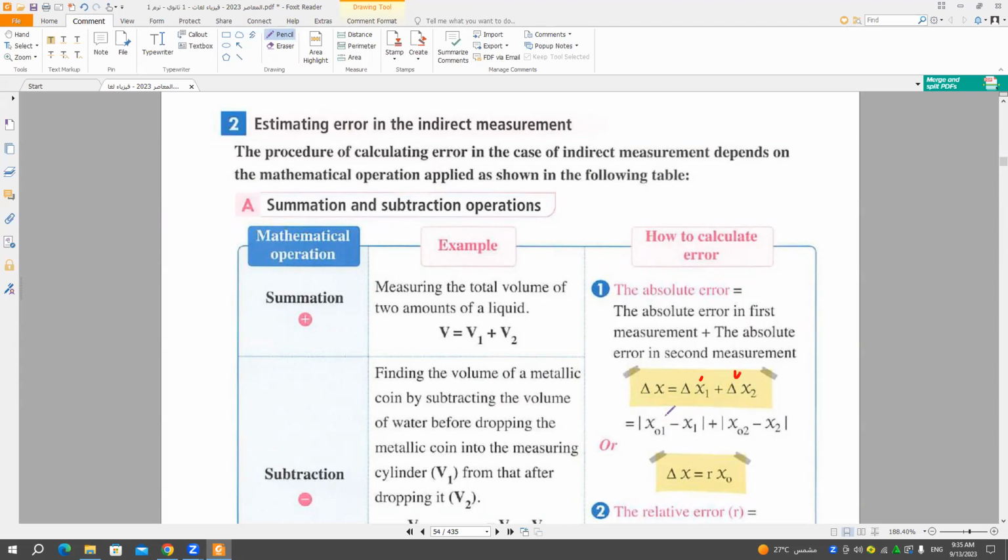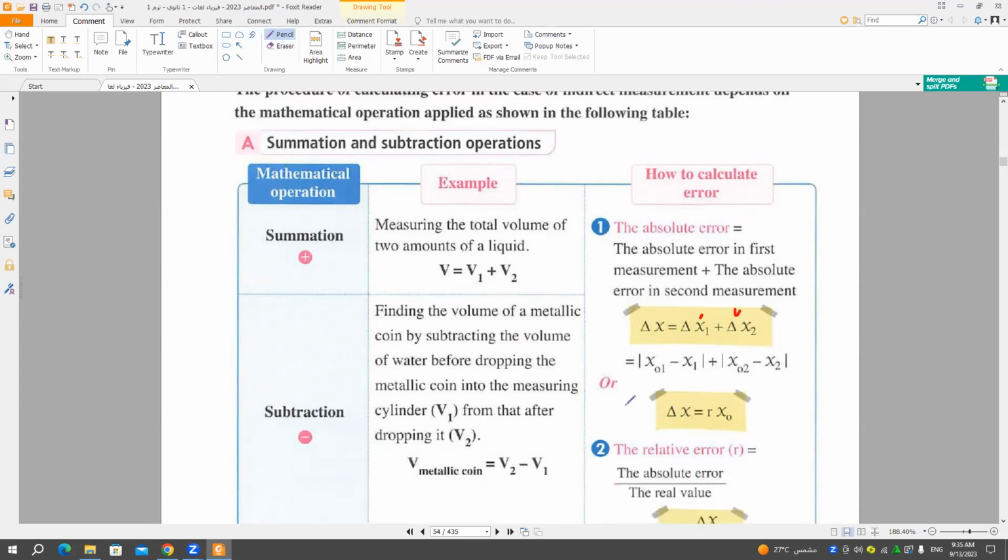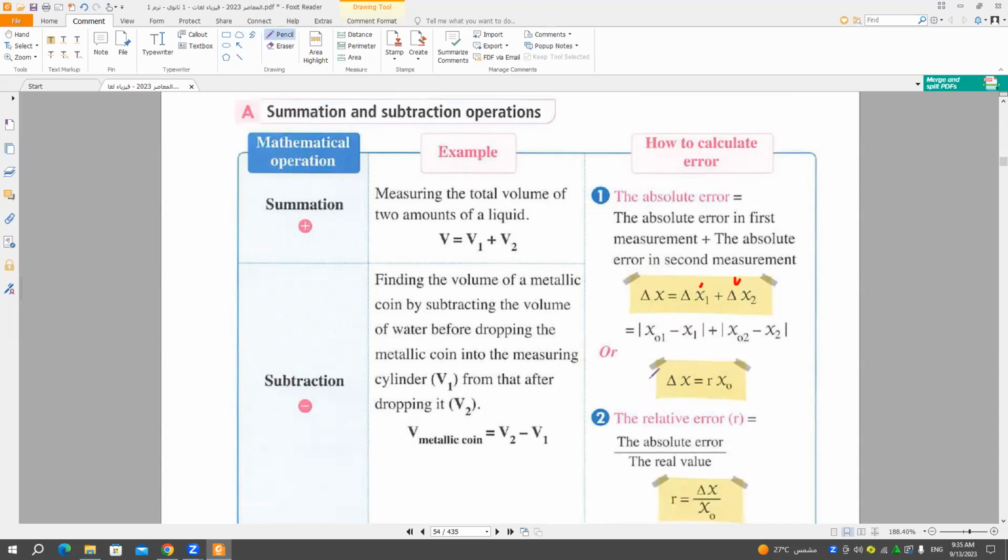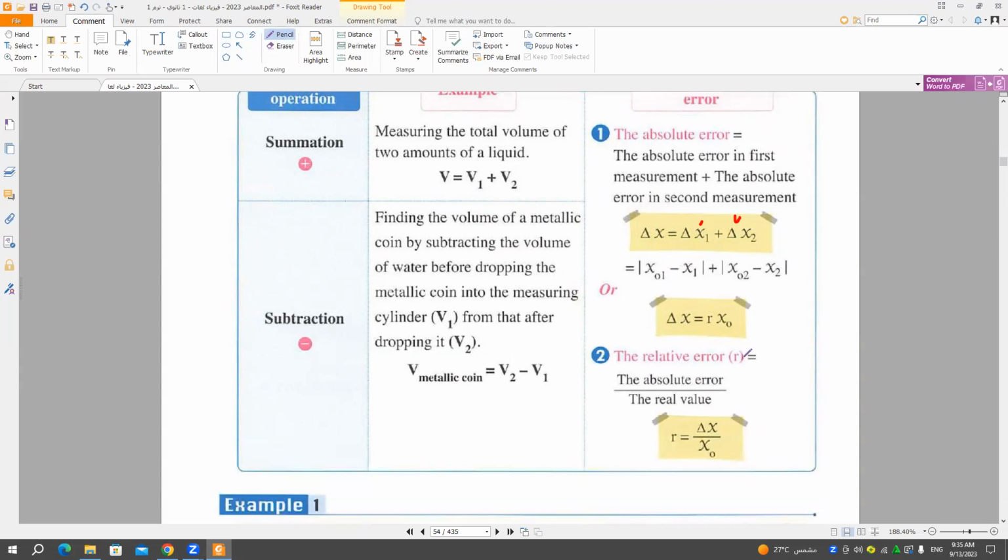And then you get the relative error, which equals the absolute error over the real value. So if you have the absolute error and the real value, you will get the relative error.